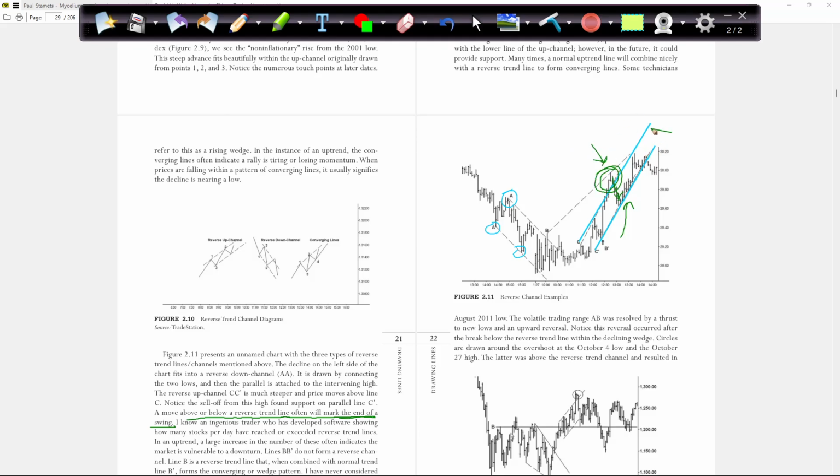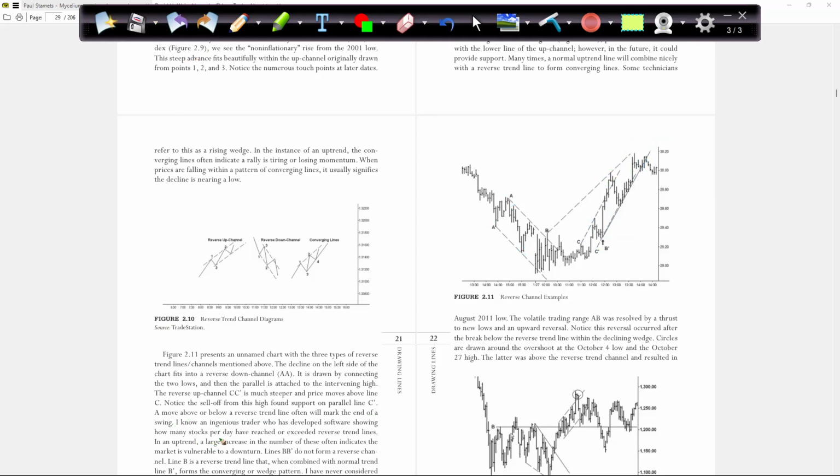The move above this trend line will mark the end of the swing high, and the sell off is happening here, and it's finding support here. When it reaches here, the move from this support line is marking the end of the swing low, and it's going up, right?